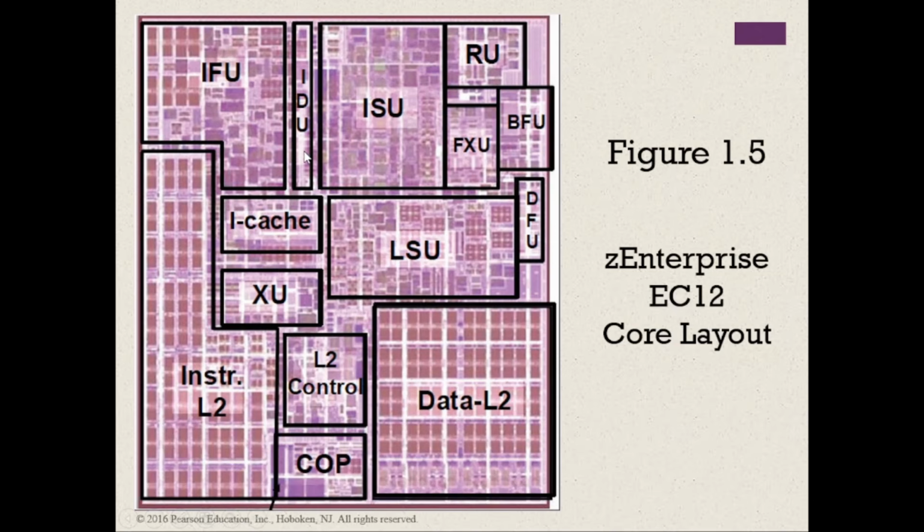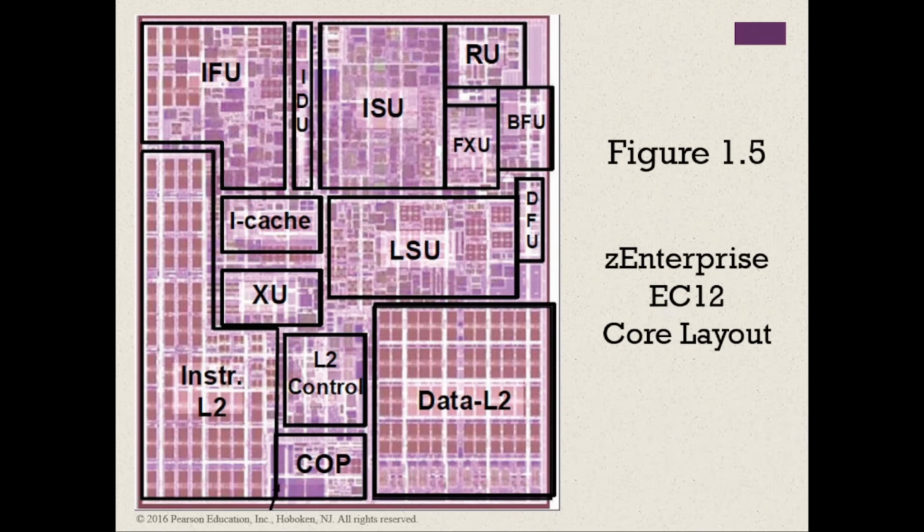And then we have the LSU, or the load store unit. The LSU contains the 96 kilobyte L1 data cache and manages data traffic between the L2 data cache and the functional execution unit. It is responsible for handling all types of operand accesses of all lengths, modes, and formats as defined in the Z architecture.